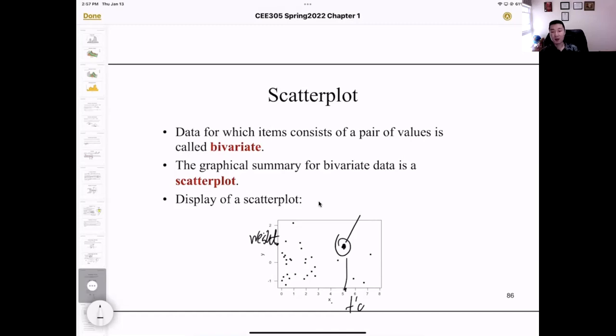We plot all these sample items together and try to see if there's any correlation between the weight and the strength of the sample. If we see something straight, then we say there's a correlation between these 2 parameters.